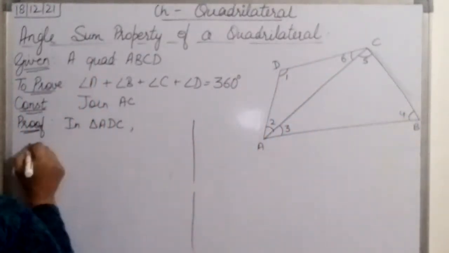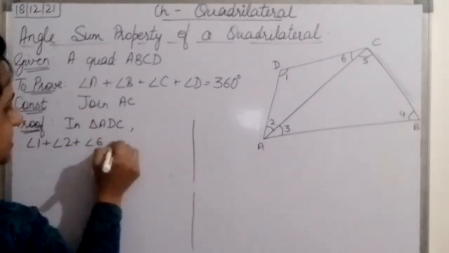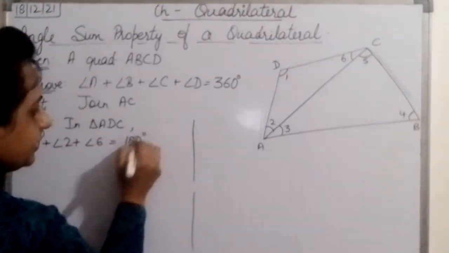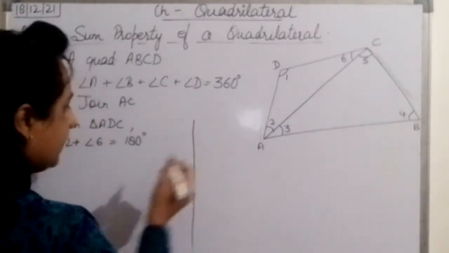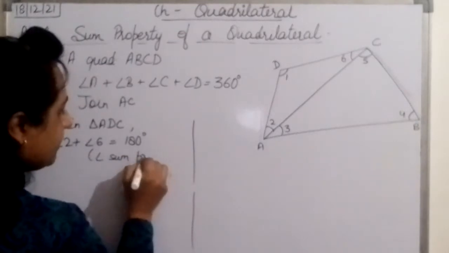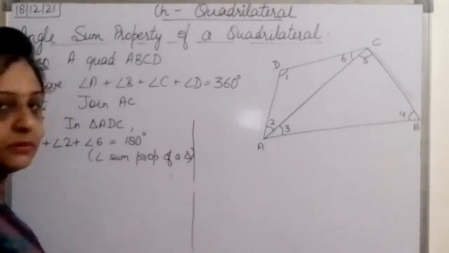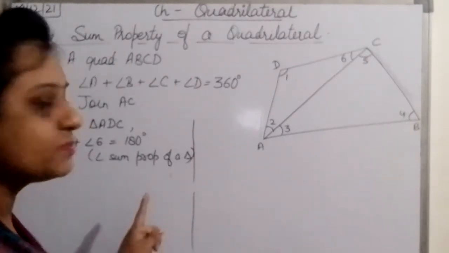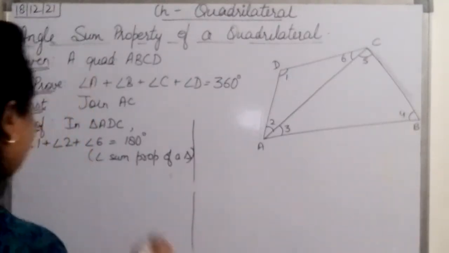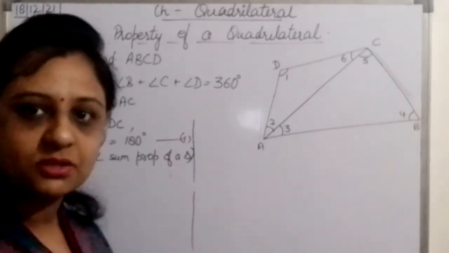So in triangle ADC, angle 1 plus angle 2 plus angle 6 is equal to 180 degrees. I am also writing the reason, angle sum property of a triangle. It is a must for proving questions. This is the first equation.